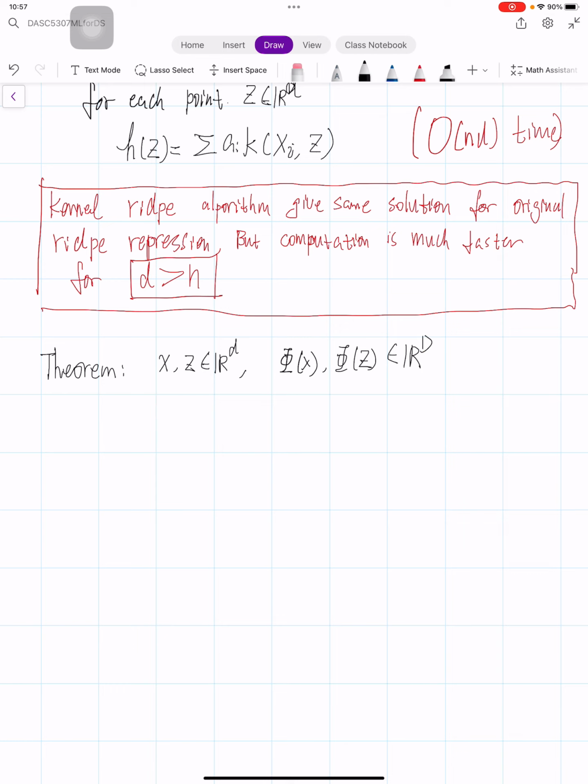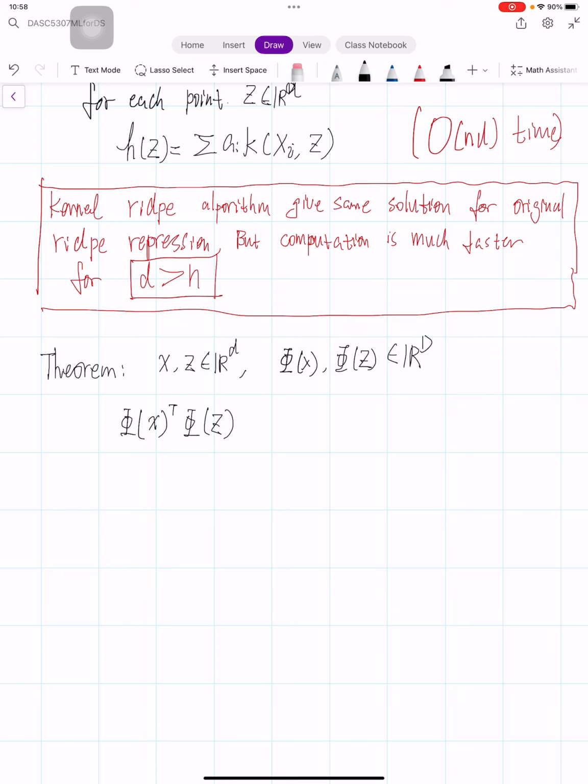Okay, and the problem is how do we calculate this kernel? So this kernel, phi(x) transpose phi(z).